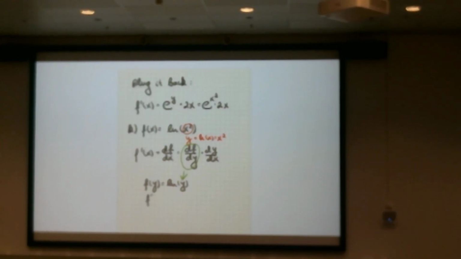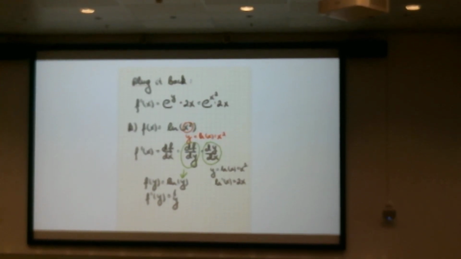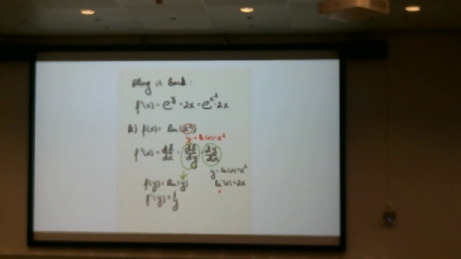So then the derivative of this is 1 over y. Now for this part, I know what y is. Y is a function of x, and that is x squared. So the derivative of this h function is just 2x. So I got this part, I got another part, and now I can just plug it back. So plug back, which means that your derivative is given by 1 over y times 2x.